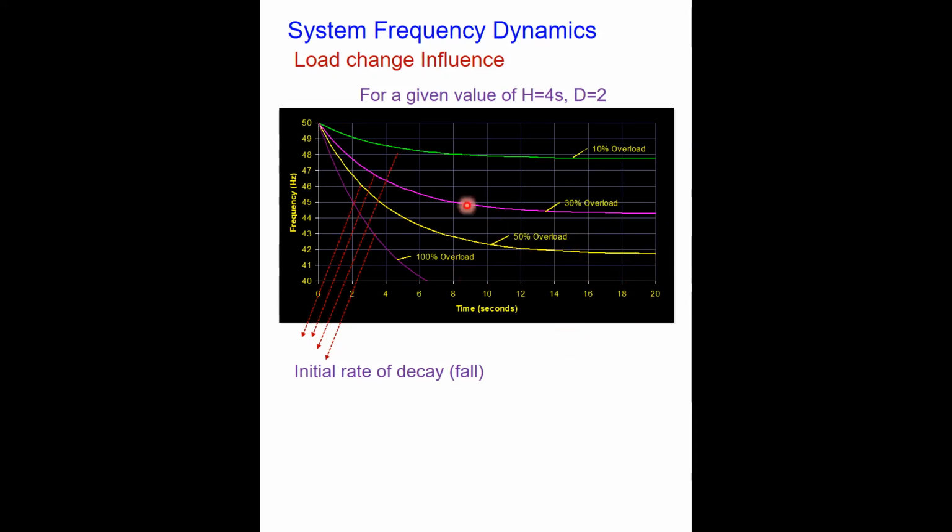So it is clear that a large amount of load will have a sharper change in the frequency profile. That means the fall in the frequency profile will be sharper when we have a higher amount of load on the generator.